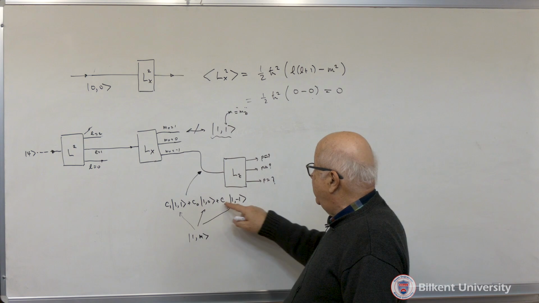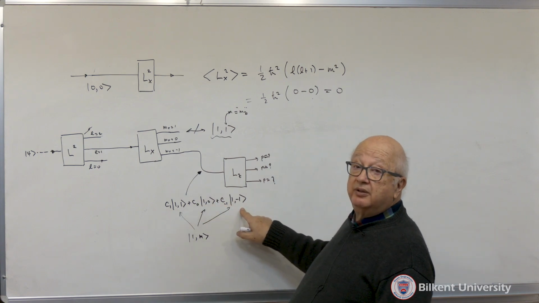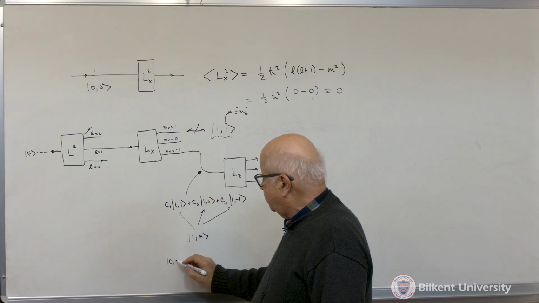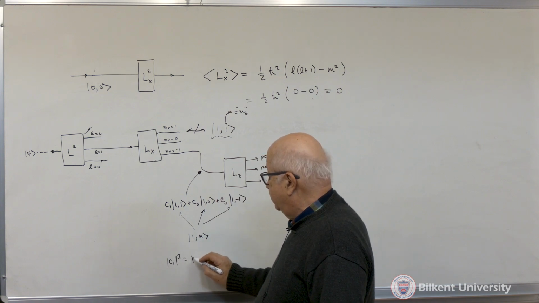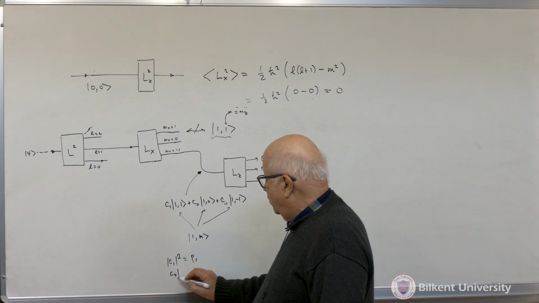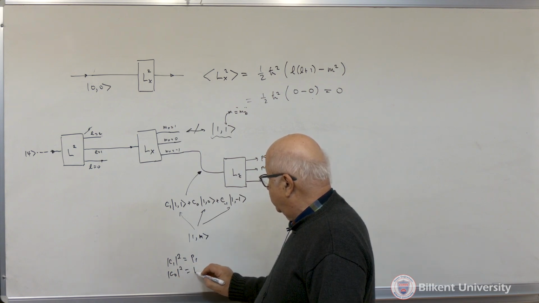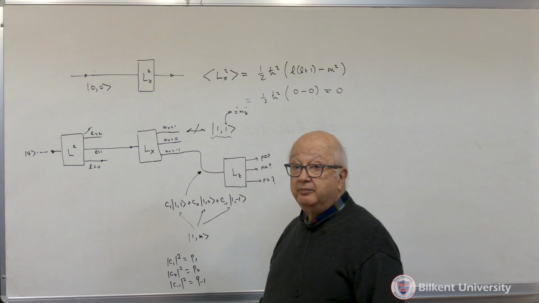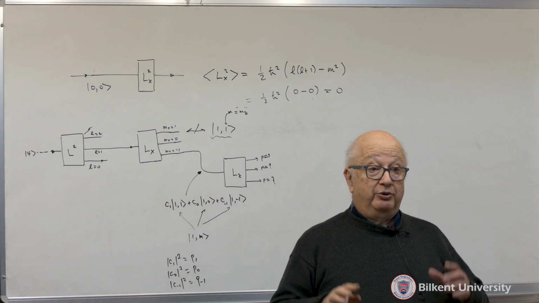So I have to expand it in that basis, and then C1 magnitude squared is the probability of 1. C0 magnitude squared is the probability of getting 0. C minus 1 magnitude squared is the probability of getting minus 1. So that's our standard procedure.